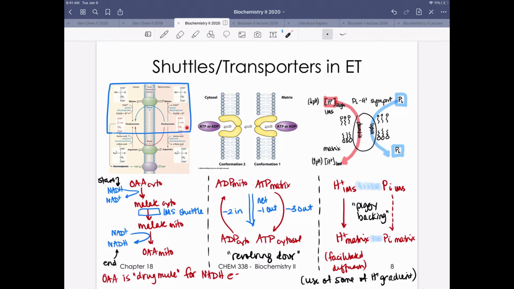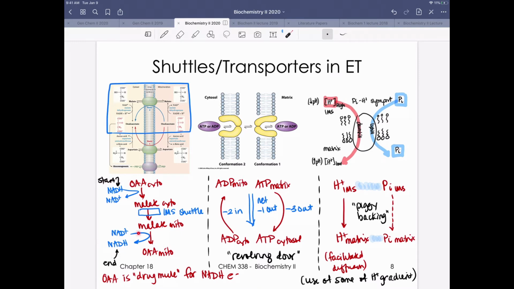If we start right here with cytosolic oxaloacetate, we can use malate dehydrogenase to convert that into malate, that's cytosolic, and move this in via the shuttle here that's in the inner mitochondrial membrane. Then we're going to have malate within the mitochondria. We can use the mitochondrial isoform of malate dehydrogenase to convert it back into oxaloacetate.